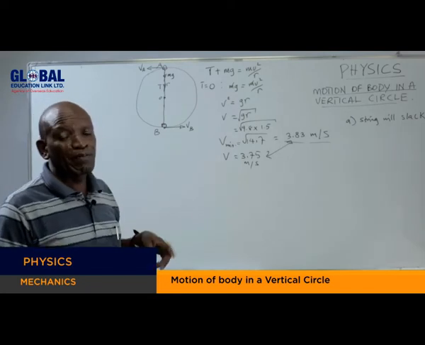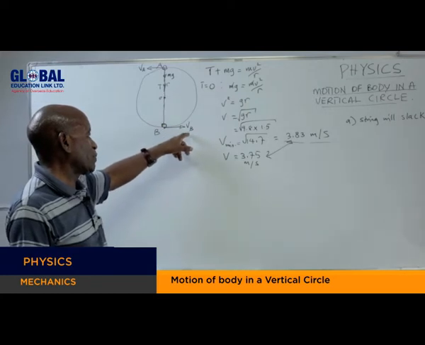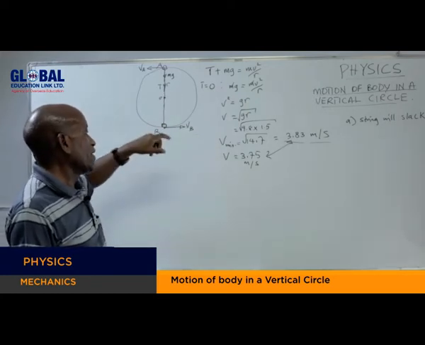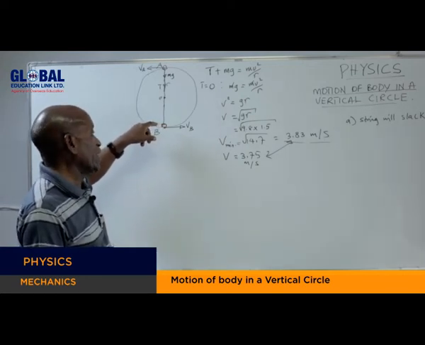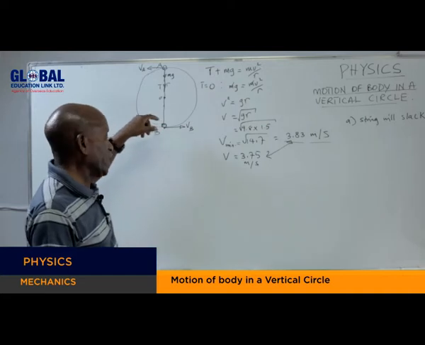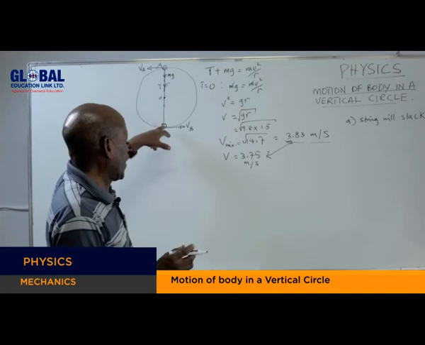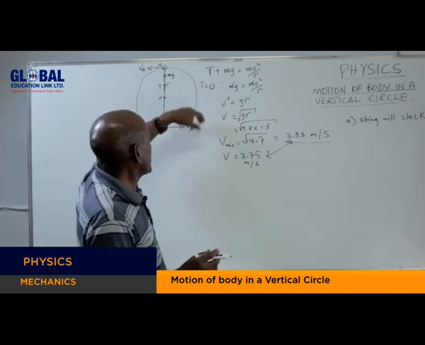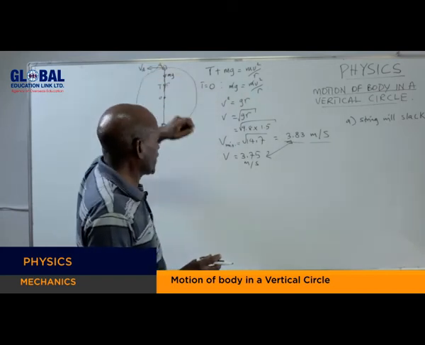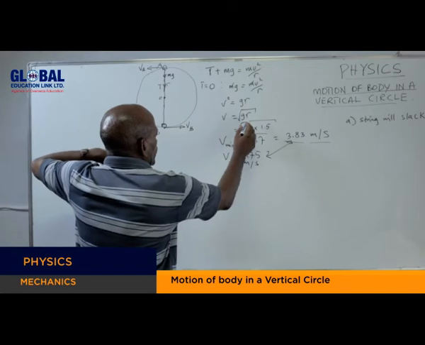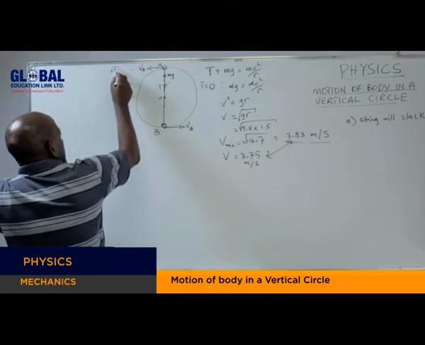To determine this minimum speed, which is the VB, it should be the velocity at which the total energy possessed by the body at the bottom, whenever it reaches the top, due to the conservation of energy, should have a velocity which is just equal to V = √(rg). Remember, the velocity at this point is just equal to the square root of r times g.